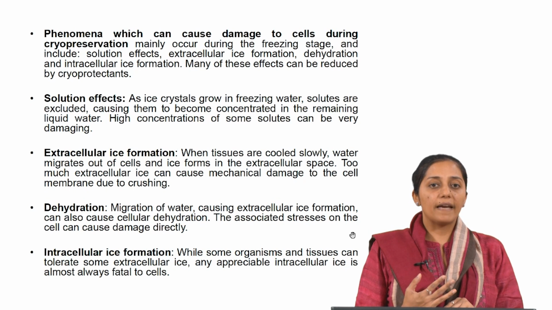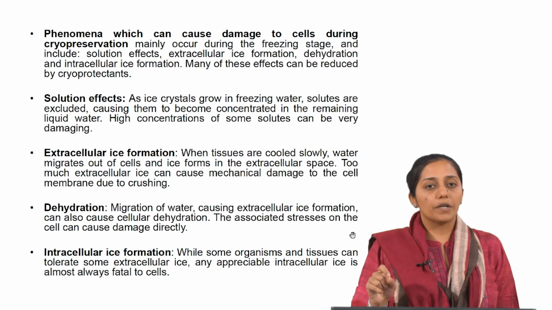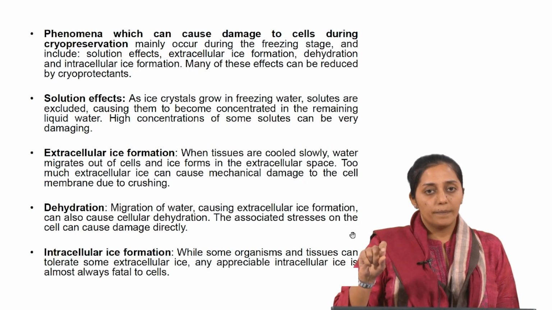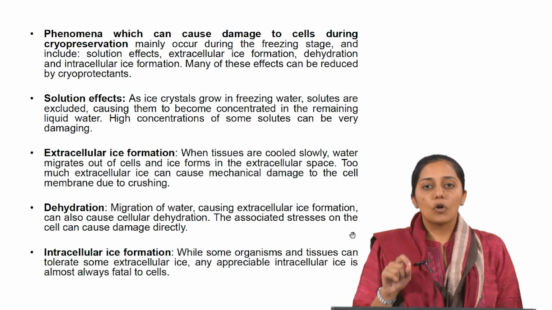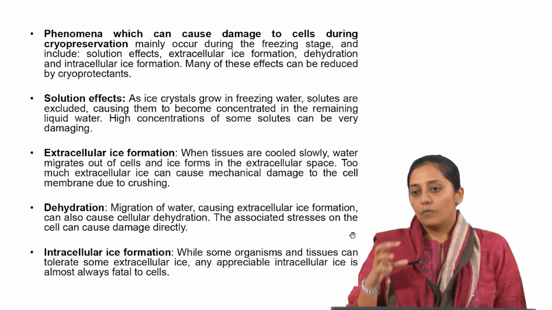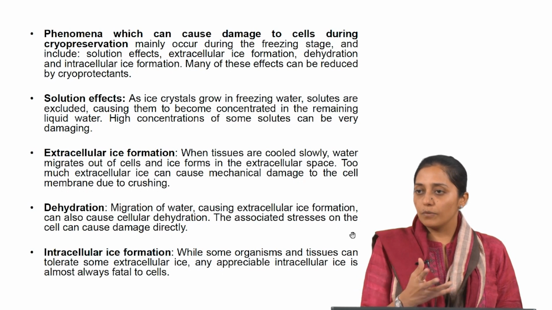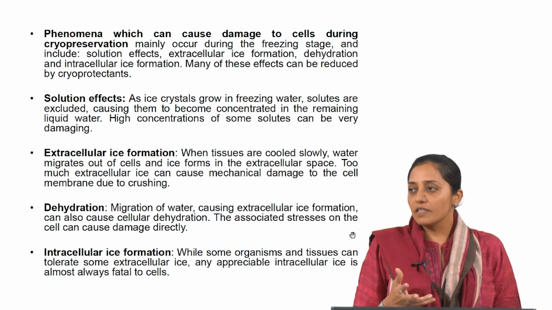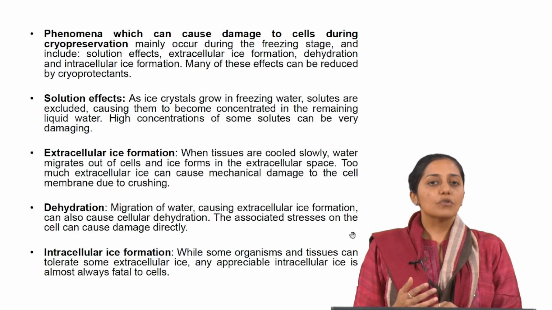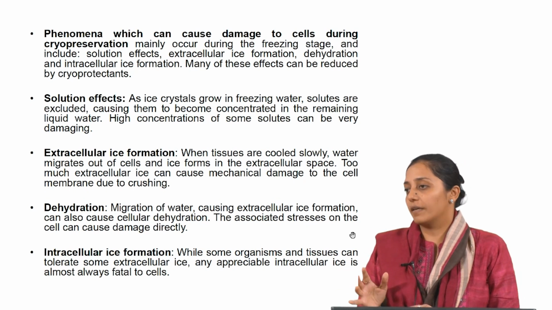What is solution effect? As an ice crystal grows in freezing water, solutes are exuded, causing them to become concentrated in the liquid water. Once the ice is forming, the rest of the cytoplasm is getting concentrated. So, this high concentration of some of these solutes can be very damaging.